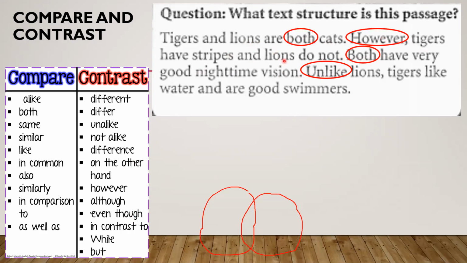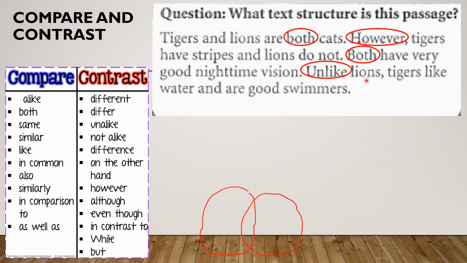Tigers have stripes and lions do not. So we would write stripes, no stripes. And then, unlike lions, tigers like water and are good swimmers. So here it says tigers like water and are good swimmers. So we're going to write like water and good swimmers.